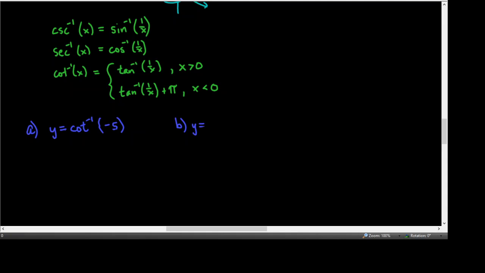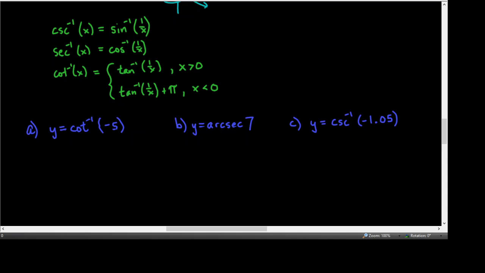Find y when y is arcsecant of 7. And C, find y when y is cosecant inverse of -1.05. Okay, pause your recording and try those.